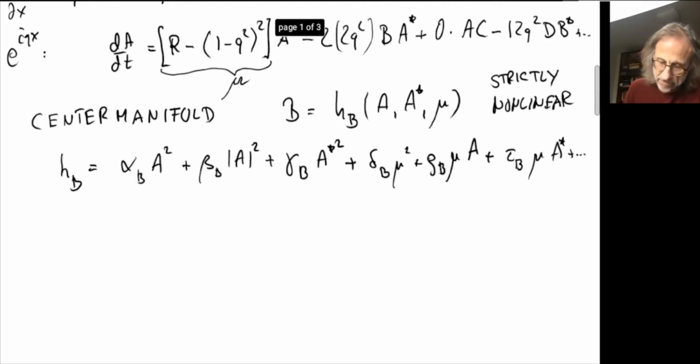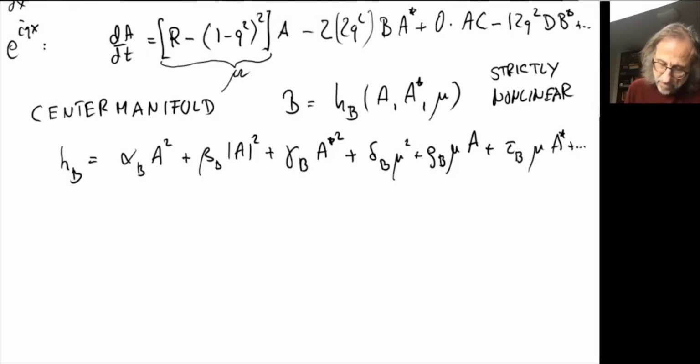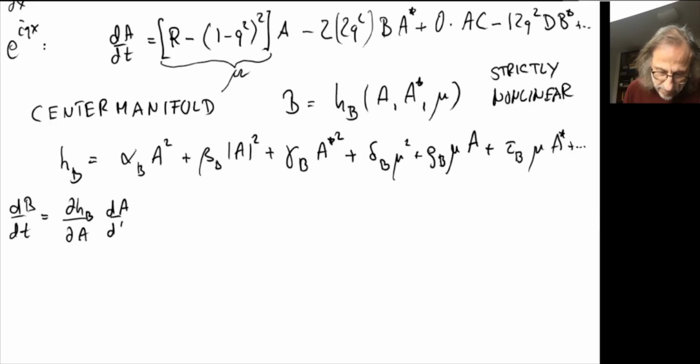So on the one hand, we have dB by dt. So maybe I'll write it down like that. So we have dB by dt equals, by chain rule, dHB by dA times dA by dt plus dHB by dA star times dA star by dt.